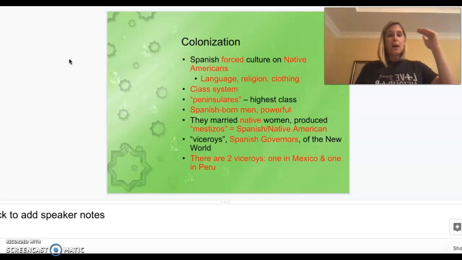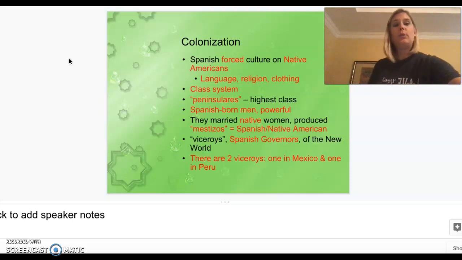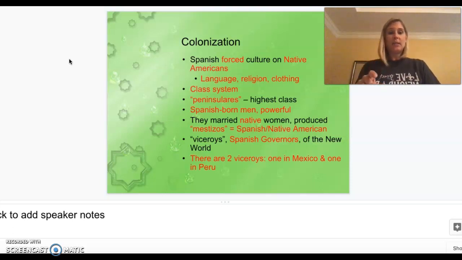At the top of the class system and that hierarchy are the peninsulars. And if you can see on your typed outline, I gave you a little bit of space to include just a simple description of who they are. So on number 2, you've got a new class system developed with the peninsulars at the top. And a peninsular is basically a Spanish-born male who is very powerful.